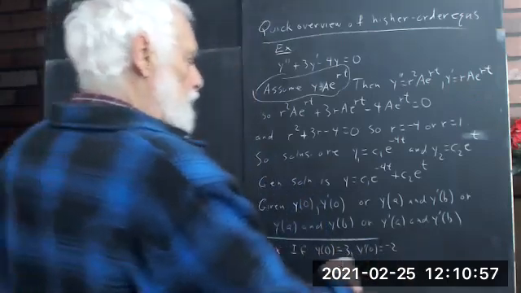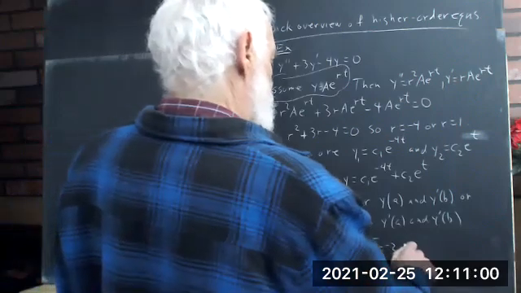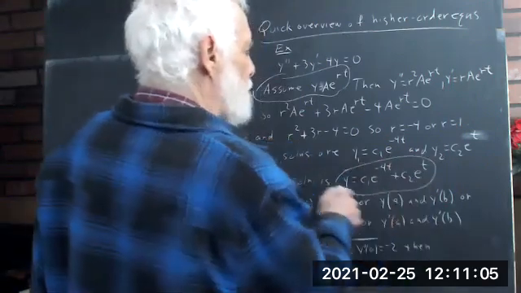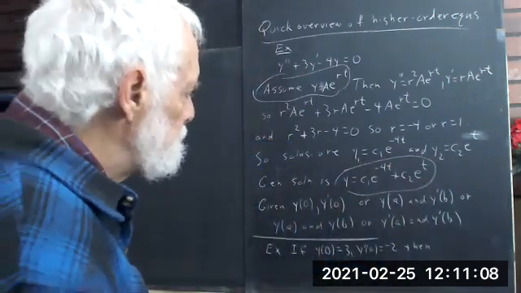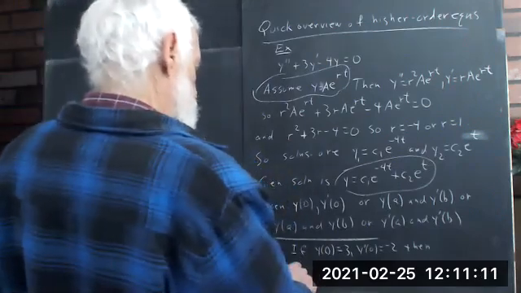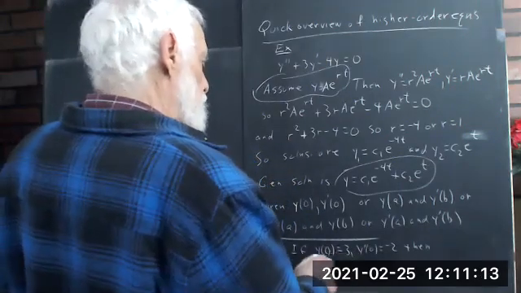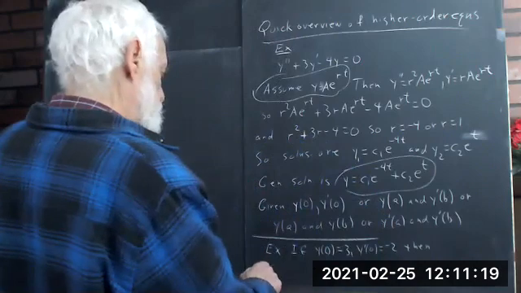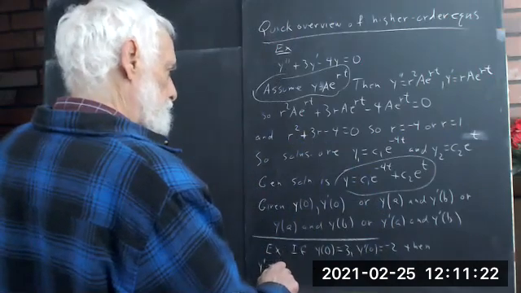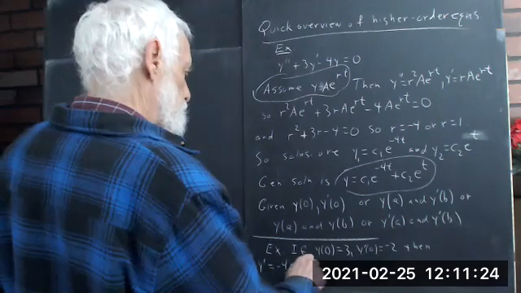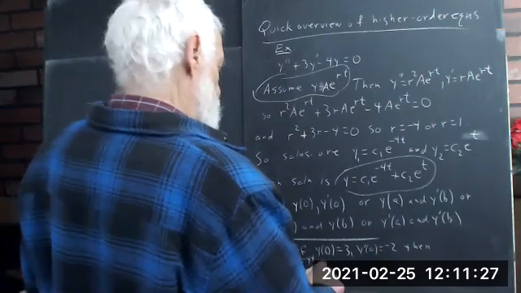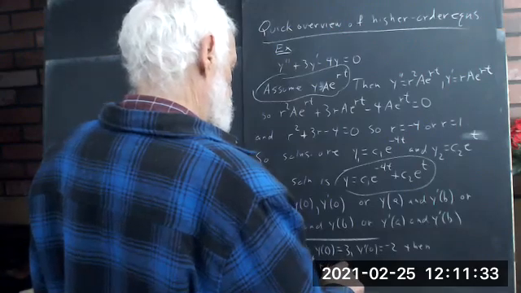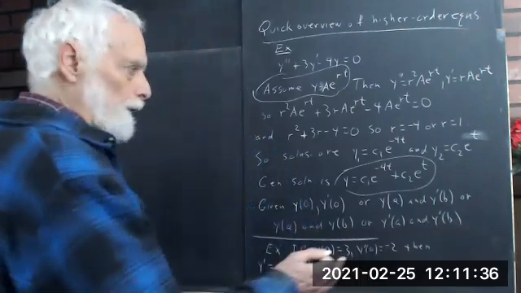If y of 0 is 3, y prime of 0 is -2, then remember that y is this. If we plug in t equals 0, well, y prime is this, just take the derivative.